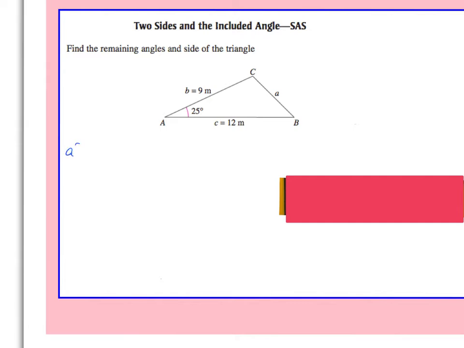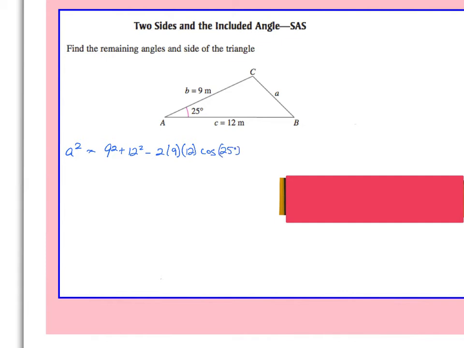And so let's put it in our formula. So now we have A squared is equal to my other two, so I have B squared plus, not B squared, let's fill it in. 9 squared plus 12 squared, minus 2 times 9 times 12 times cosine of 25 degrees.